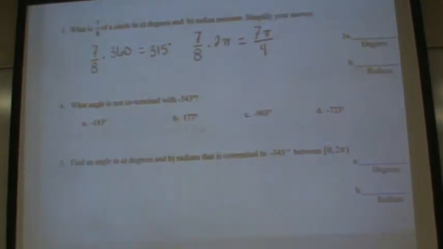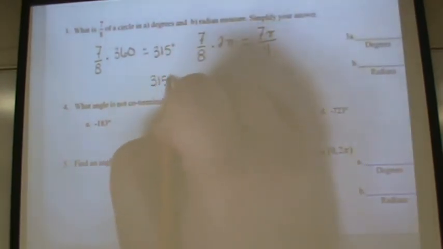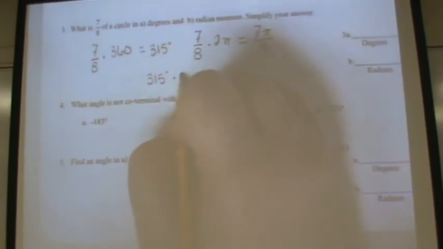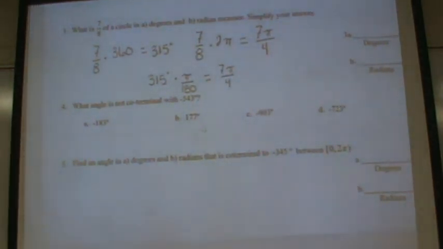Or, if you already found your degrees of the 7/8 of a circle, and you want to switch this from degrees to radians, you would take 315 degrees times pi over 180, because that was your conversion factor. And you would still get the 7 pi over 4. So either way, you can do it.